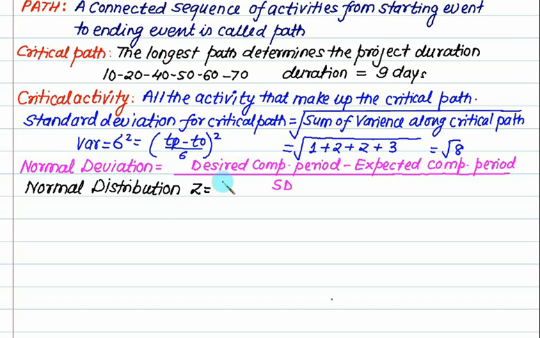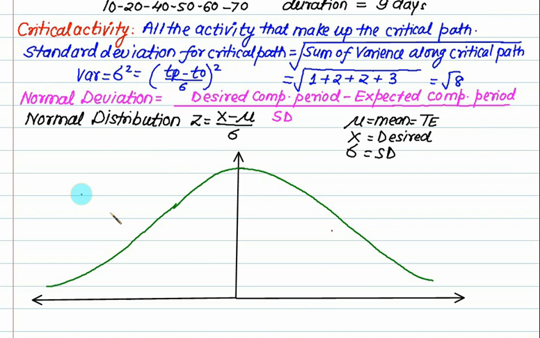In case of a normal distribution, the normal deviation is represented by Z. The desired period is represented by X. The expected completion period is represented by mu, and the standard deviation is represented as sigma. X is called the desired completion, mu is called the mean or expected completion period, and sigma is called SD.